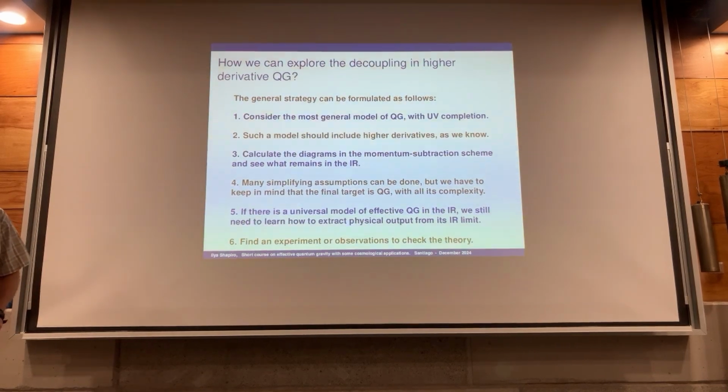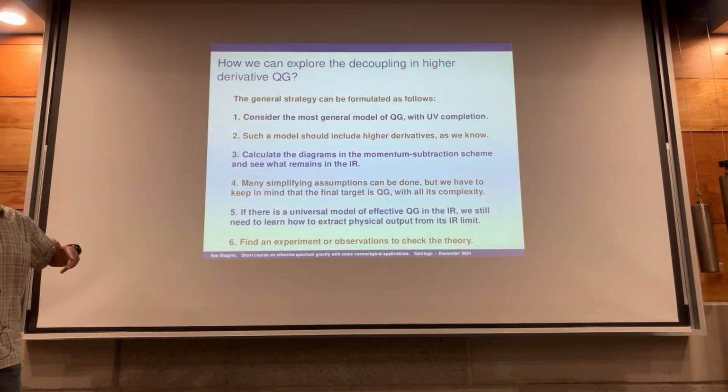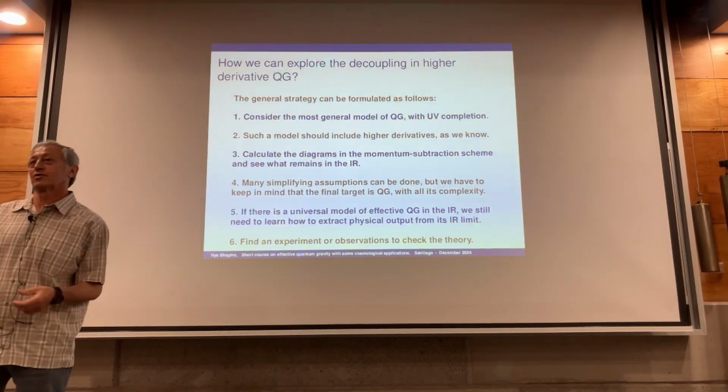So now the question is how all this applies to quantum gravity. Because everything I told you was for matter fields: for scalar fields, for fermions, for vectors, for antisymmetric tensor fields. Everything was calculated, and always gave this result. But for quantum gravity, you have to do the following. First, you take a most general model of quantum gravity with ultraviolet completion. It can be 4 derivative, 6 derivative, 10 derivative, or infinite derivative, if you want.